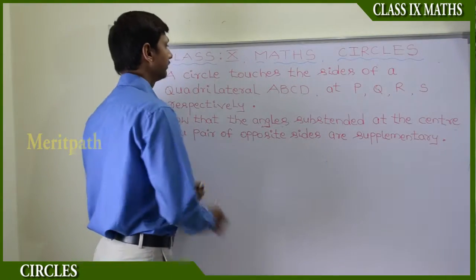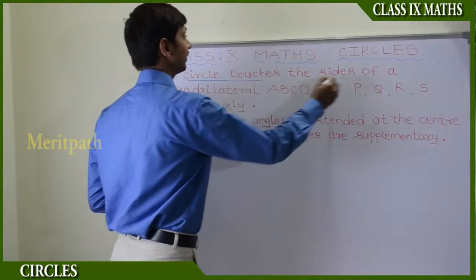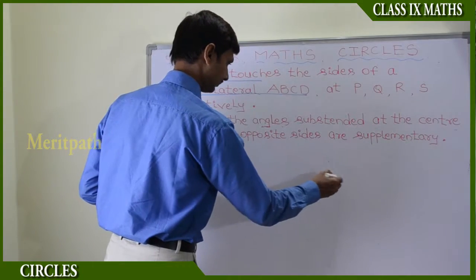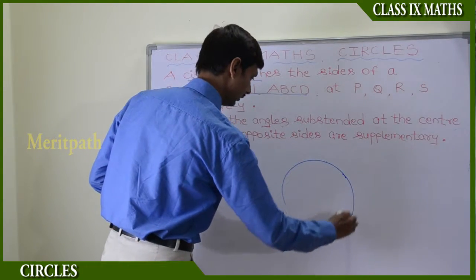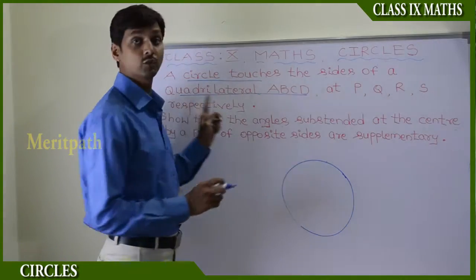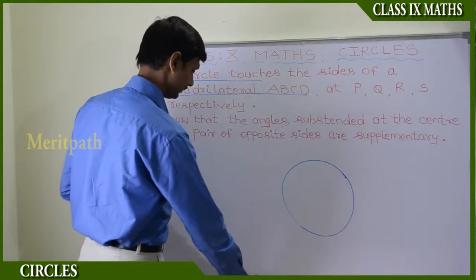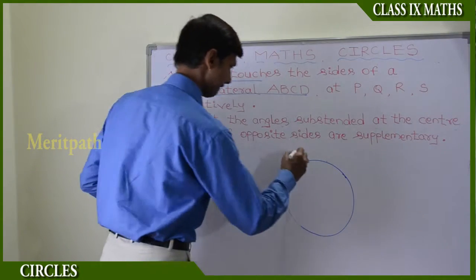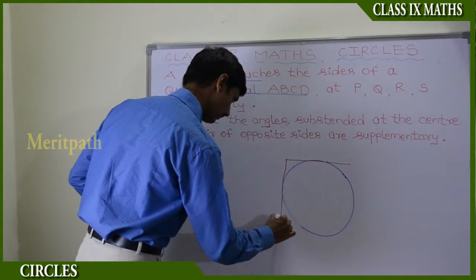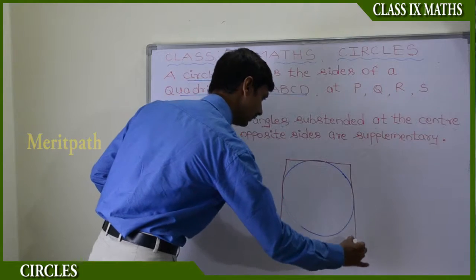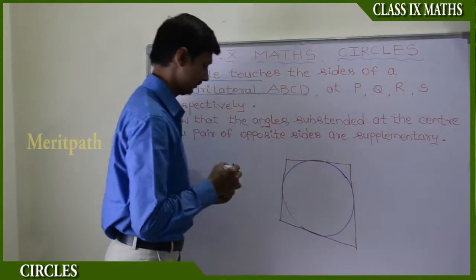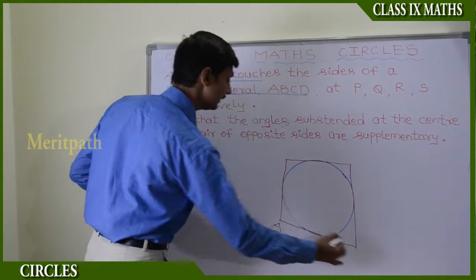Let us see here. A circle touches the sides of quadrilateral ABCD. Let's take the names ABCD.